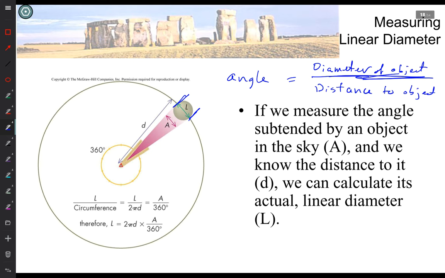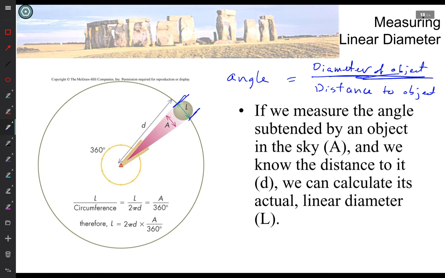Well, if we want to relate the angle to the size of something, we can use this relationship, but we tend to use a conversion factor to get it into units of degrees. But before I go to units of degrees, there's one more thing I need to go through. We have on the clock hours, minutes, and seconds, right? There are 60 minutes in an hour, 60 seconds in a minute.